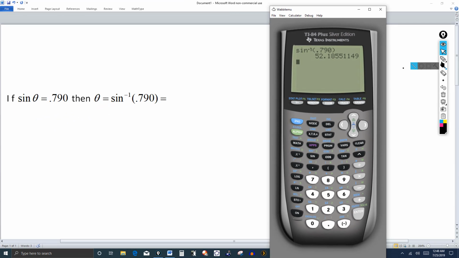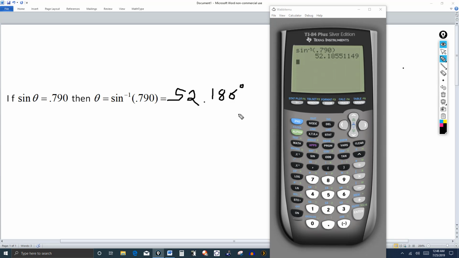So one answer I can give is 52.186, run out to 3 places in this case, depending on what they tell you. And then I put the degree.